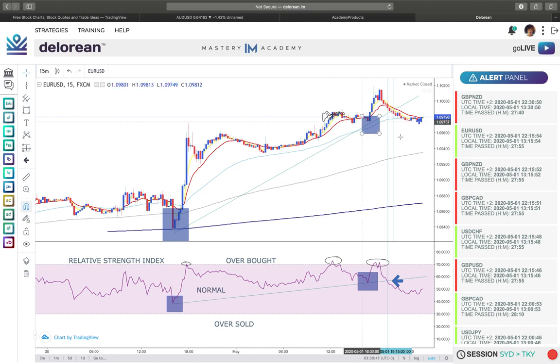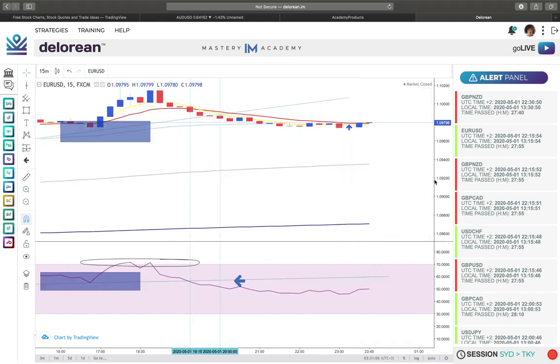In this case, 15-minute, we've got 1, 2, 3, 4. The RSI hinted an hour early. There's the difference right there, full line all the way down. The RSI hinted an hour early at what was to come of the break.